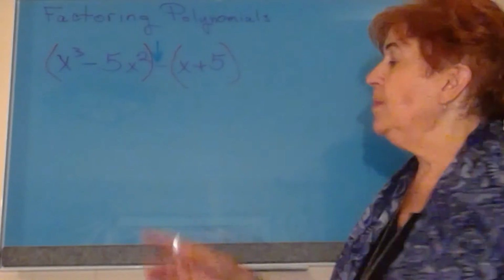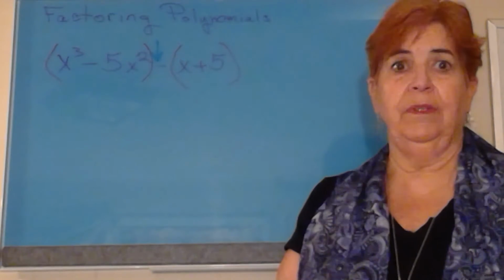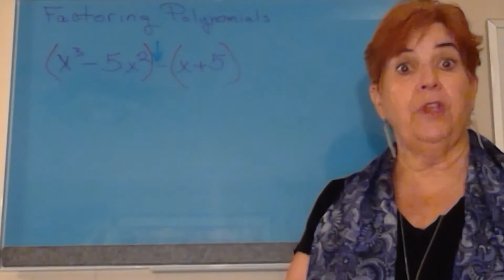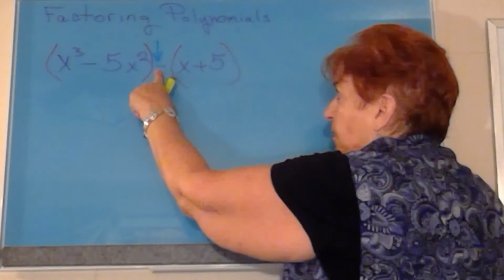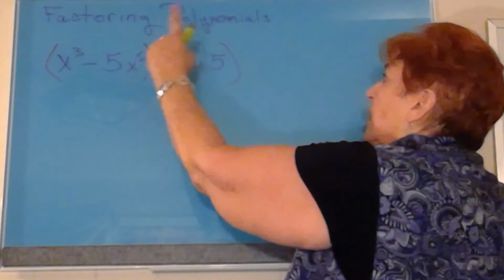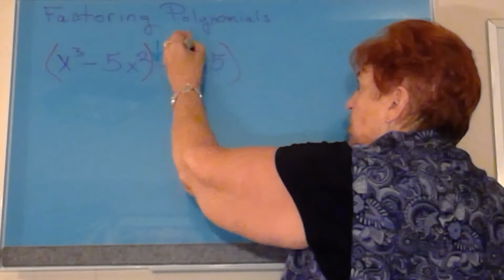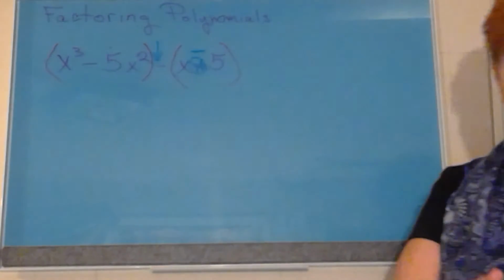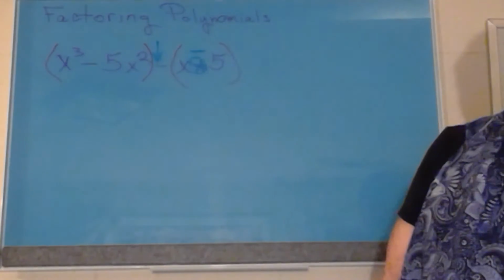Well, in the original problem, I had a minus x, but that 5 is positive. And when I put the parentheses in, it didn't change that sign. So you have to change that sign. When that's a negative, leave it. Go inside and change that. And we're going to change that to a minus. As long as you remember to do that, you shouldn't have any problems.